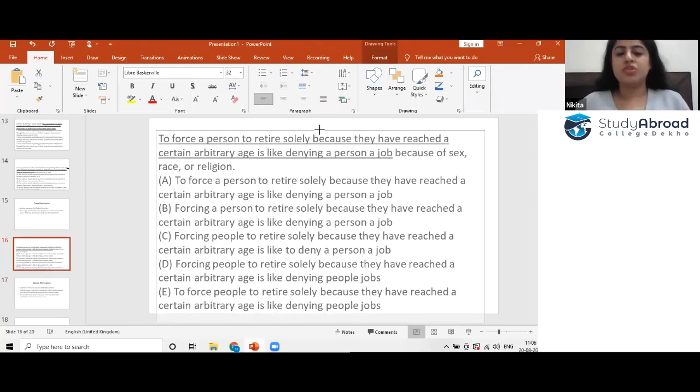Okay, now read the options and see what changes the options are bringing in front of us. The moment you see the options, you will see that their starting is different. Option A and option E are starting with to force. Options B, C, D are starting with forcing as the first word. So you need to decide on that.